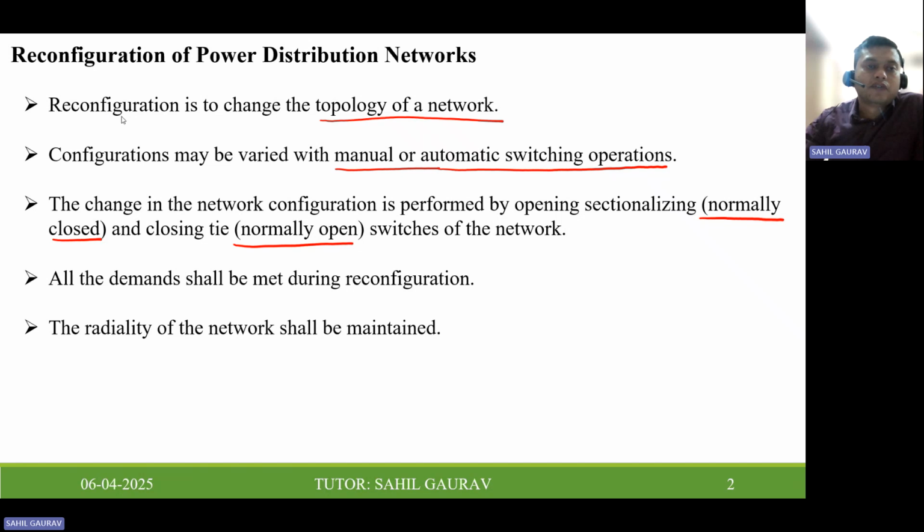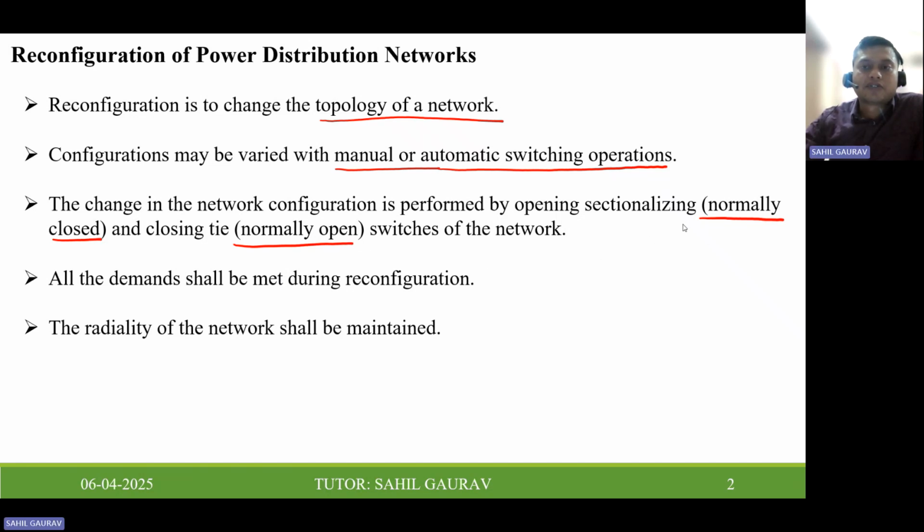So reconfiguration means to change the topology of a power distribution network, and this configuration may be varied with manual or automatic switching operation. The change in network configuration is performed by opening sectionalizing switches or tie-line switches. We have two types of switches in our power distribution network.